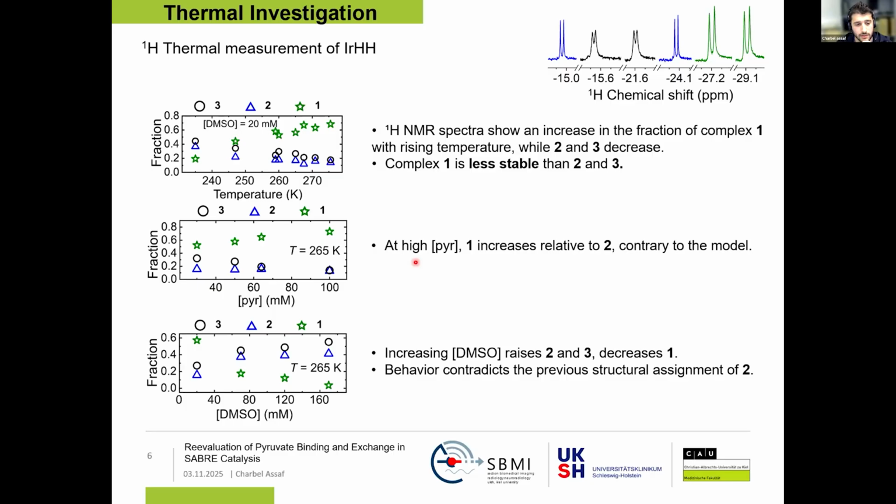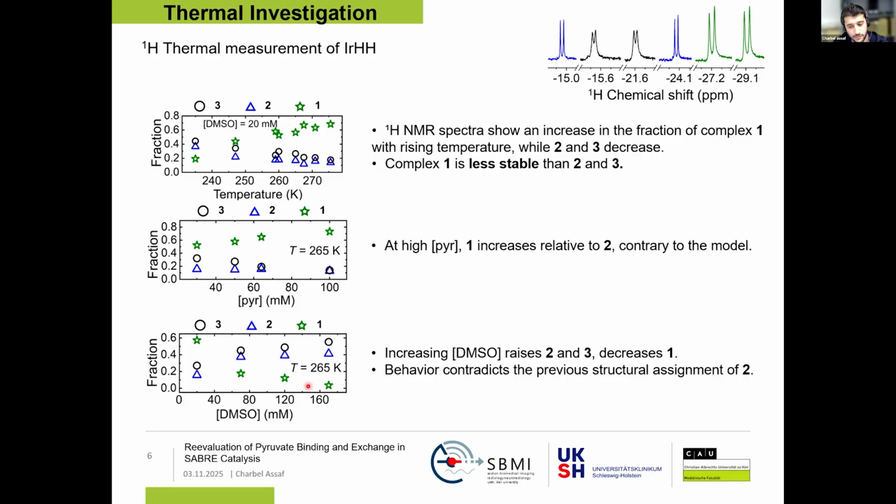And when we increased the DMSO concentration, we found complex number 2 and 3 dominating, and complex number 1 decreasing very much. This behavior contradicts a little bit the structure previously assigned for complex number 2.